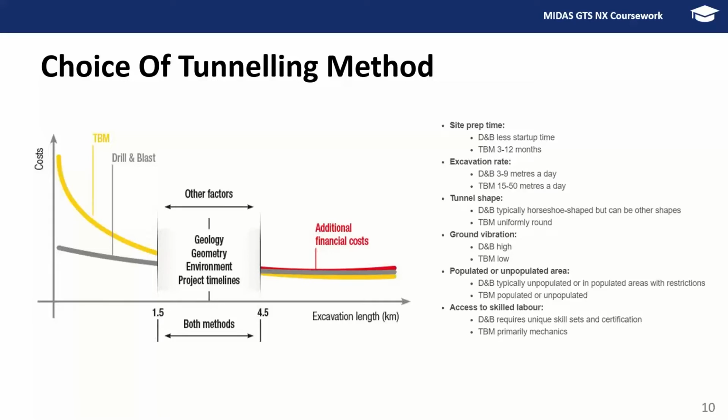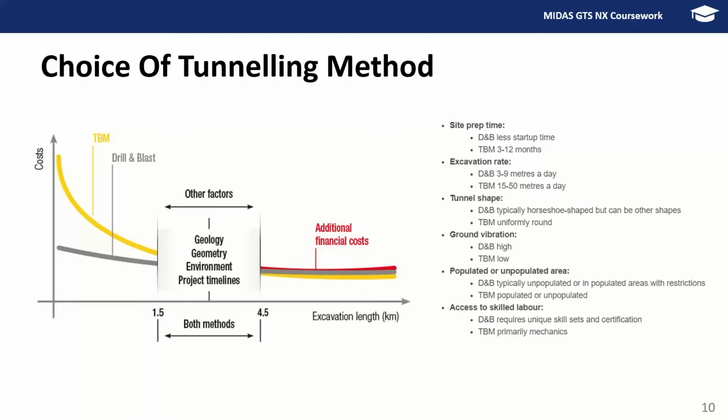And DNB depends on where you are doing it, but again, certain countries might have some regulations about this kind of tunneling under the urban areas, but TBM is normally widely applicable. You can use it anywhere you want. And as I have mentioned, in terms of skilled labor, DNB requires a lot of engineers on site from time to time to assess the situation, and if required, relook at the construction process or the methodology.